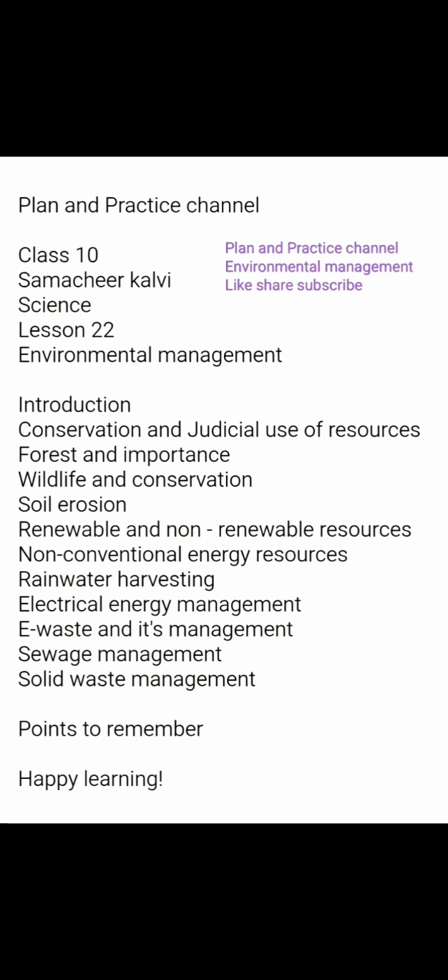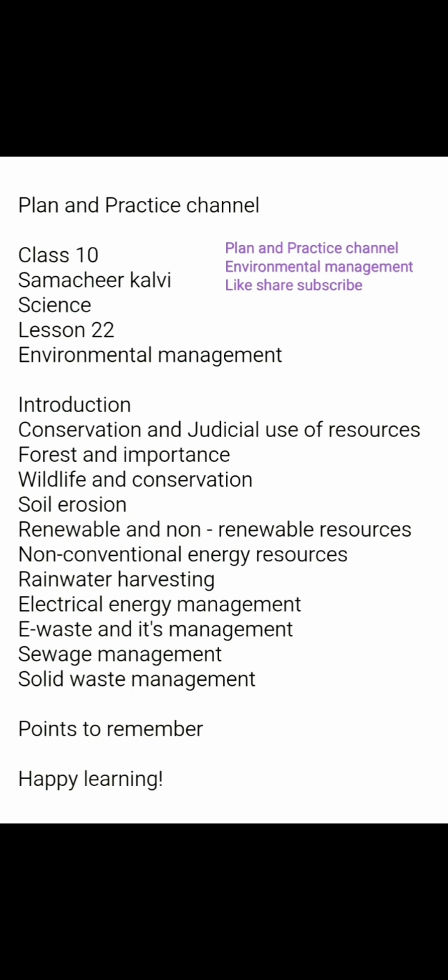Agents of soil erosion are high velocity of wind, air currents, flowing water, landslide, human activities, deforestation, farming and mining, and overgrazing by cattle.